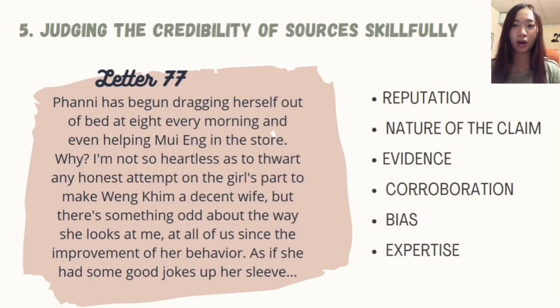But it's odd when all of a sudden she turns into a new person who offers to help with housework and selling in the store. It also corroborates his judgment that no one in his family likes her except Wen Kim, not even Songyu himself. So he couldn't help thinking that there must be something behind the improvement of her behavior. He has trust issues with this girl even though she seems to change herself.